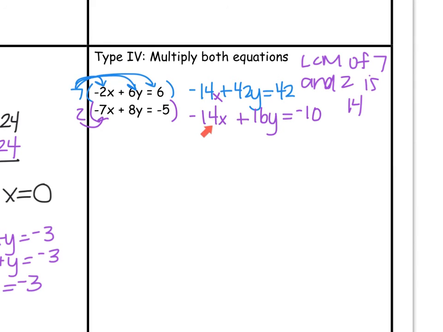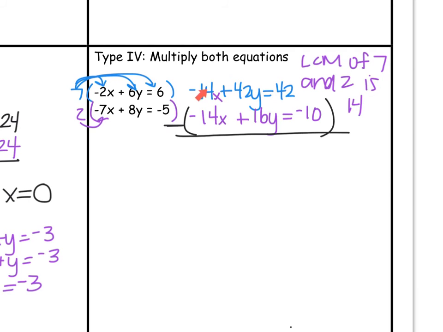So then we go back up and say, okay, well, can I add these two to eliminate? They're the same, but I can't, so what I can do is subtract these to eliminate. So I'm going to subtract everything inside these parentheses.